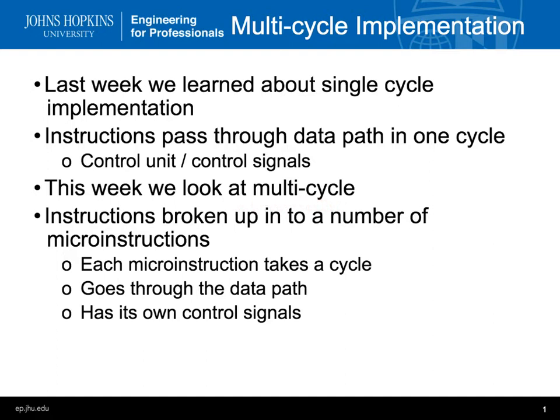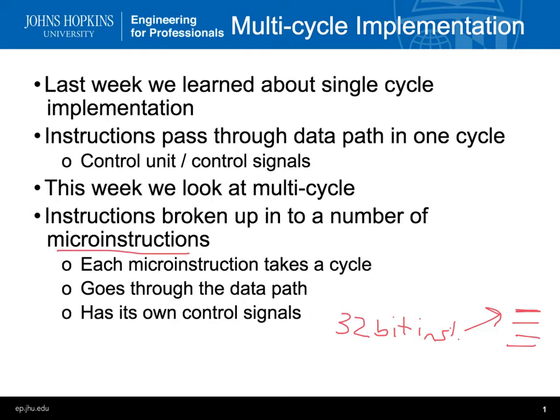So the instructions are going to be broken up into a number of micro instructions, and each micro instruction will go through the data path. So we're going to have an instruction, our 32 bits, and it is going to get turned into a number of micro instructions.